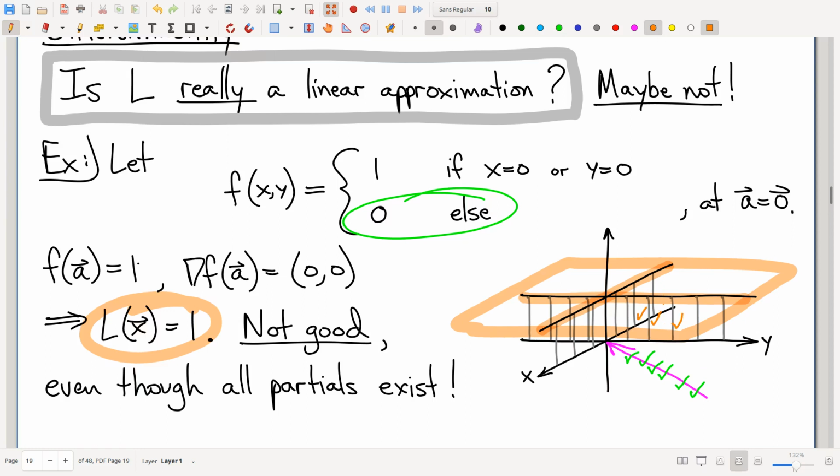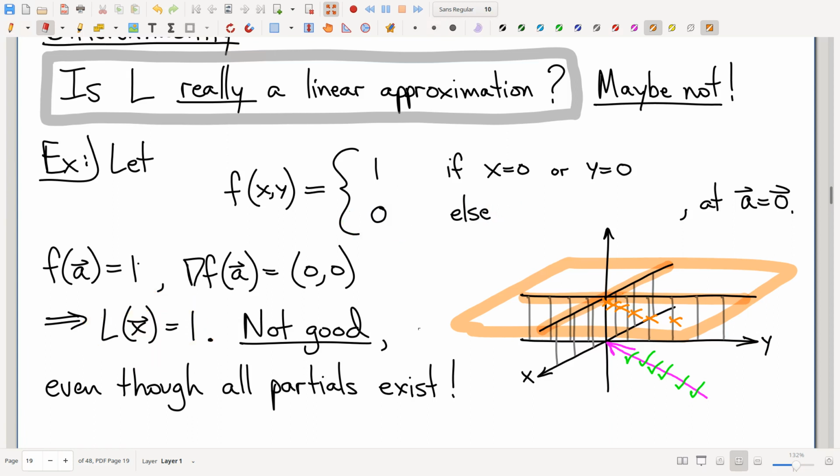Why am I putting check marks? Those are bad. I'm getting values of 1 all the way over. The function has values that are 0 all the way over. That is a poor attempt at a linear approximation. But it totally follows our formula. So our formula was naive. Our formula was making assumptions.